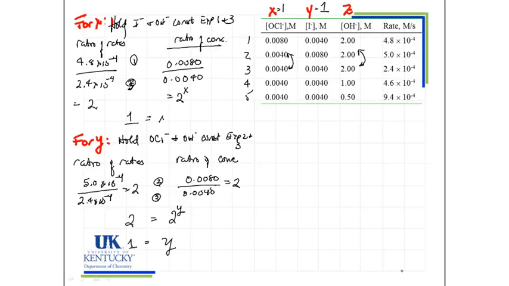Now we're ready to do z. What do we need to hold constant? Well, z is OH minus, so we have to hold OCl minus and I minus constant. Which experiments do that?